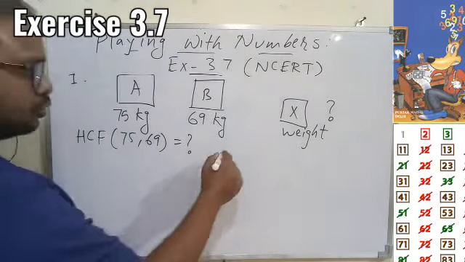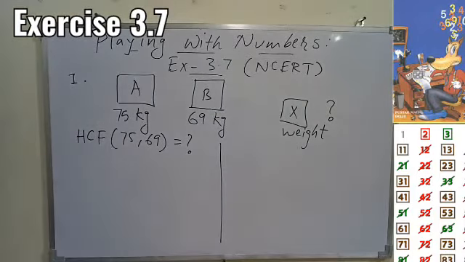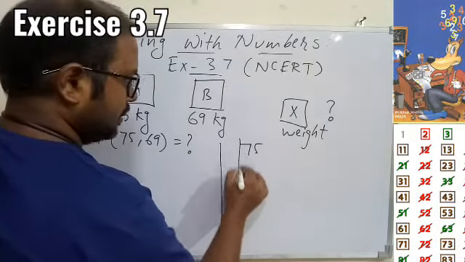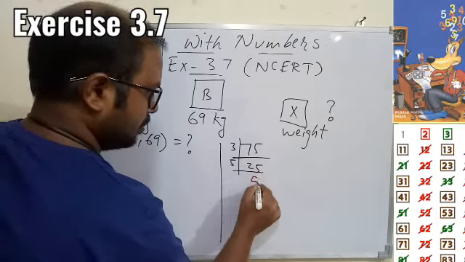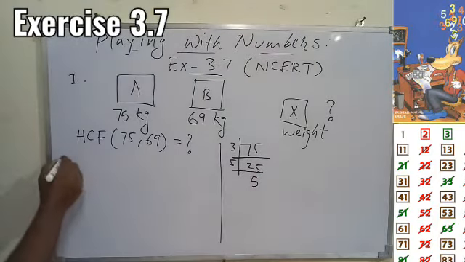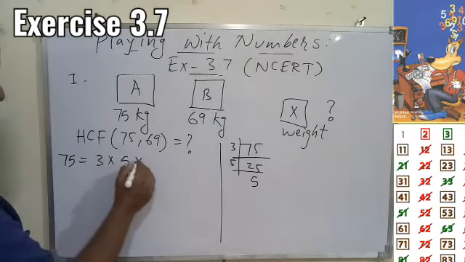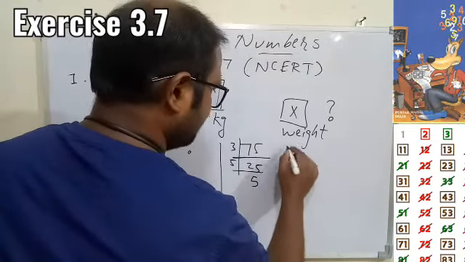So we understood how to do it. Very first we'll find the factors of 75 and 69, if you remember. So 75 can be written as 3 into 5 into 5, and then we have 69.